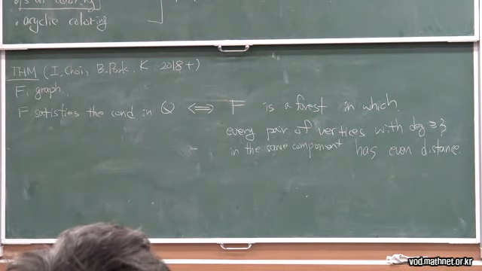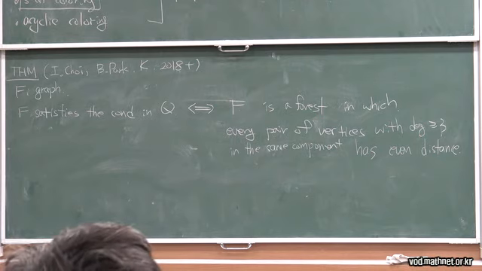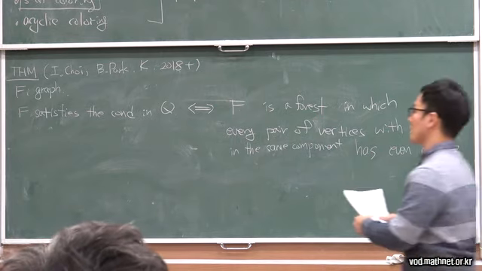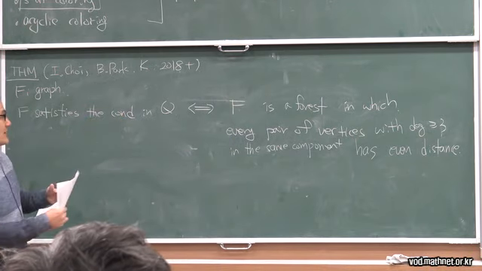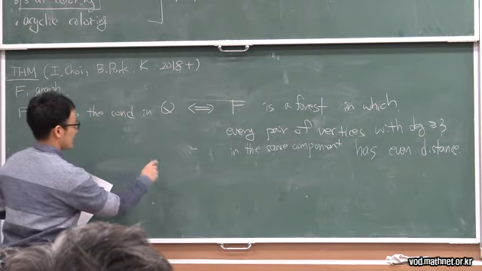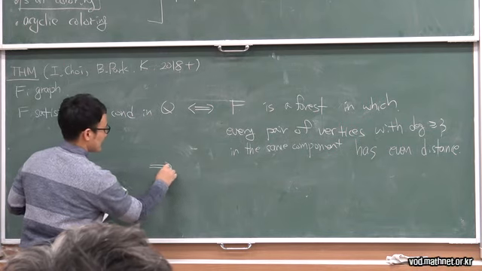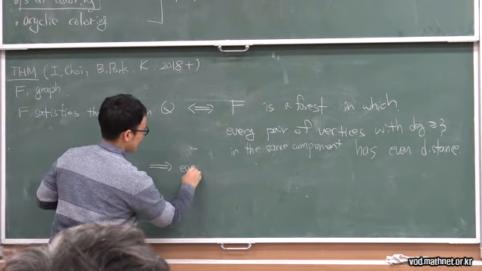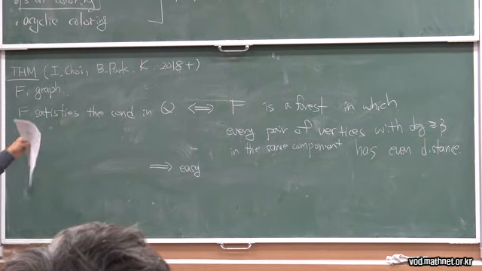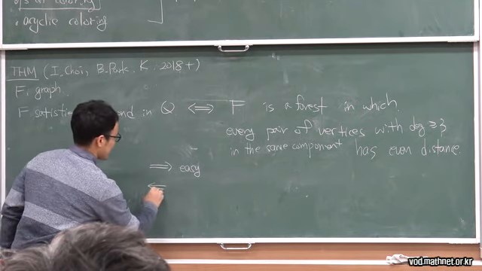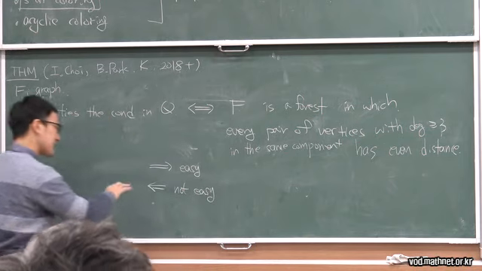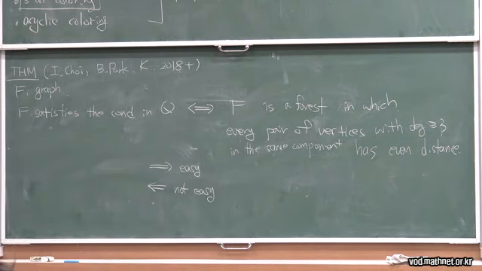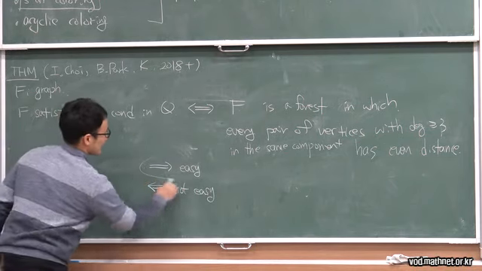Yes, we showed both directions. This direction is a little bit easy, and this direction is not easy. Not really difficult, but not easy. And in this talk, I'm just going to talk about this one.